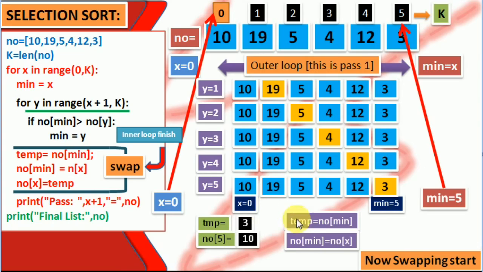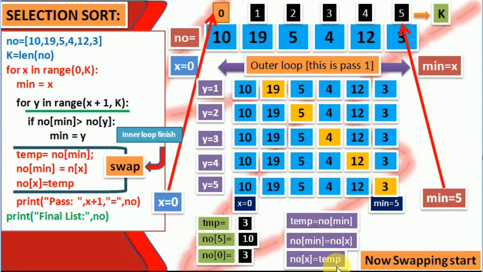Then the next line is a of min overridden by the value of a of x. a of x is at 0. So this 10 is going to override the value 3. This value is going to change to 10. Now a of 5 is 10. So what happened to the first block? a of x equals temp. And what is inside temp?